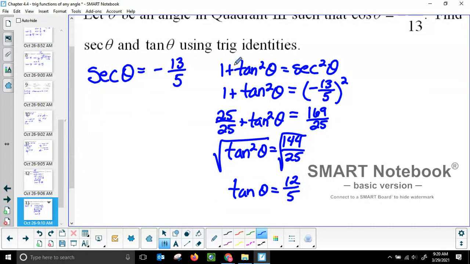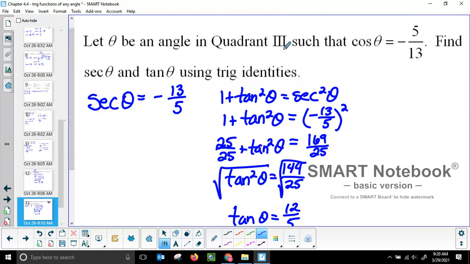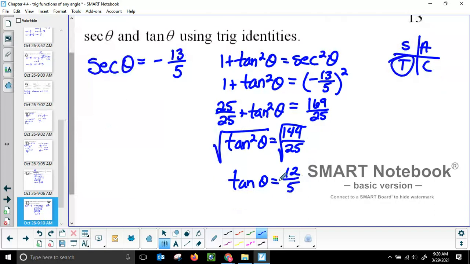Now we do have to be careful. It says that we are in quadrant 3, right? So in quadrant 3, all students take calculus. Tangent is positive, so we can go ahead and leave it positive here.